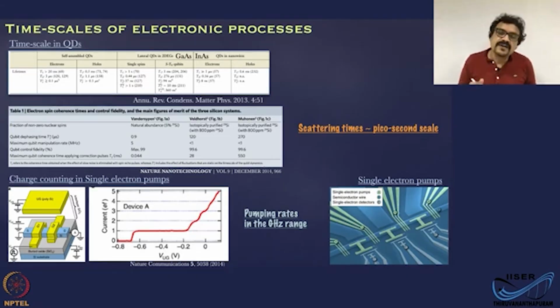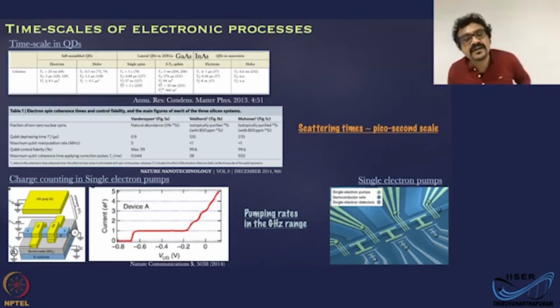So to realize this, what you need is a really fast charge sensing mechanism, which is relatively less invasive. Now, another demand for fast charge sensing comes from the charge counting circuits, which consist of single electron pumps, where your aim is to realize a quantum current standard by counting the number of electrons going through a certain single electron pumping device, where you can pump electron by electron and you can standardize the current with far less error.